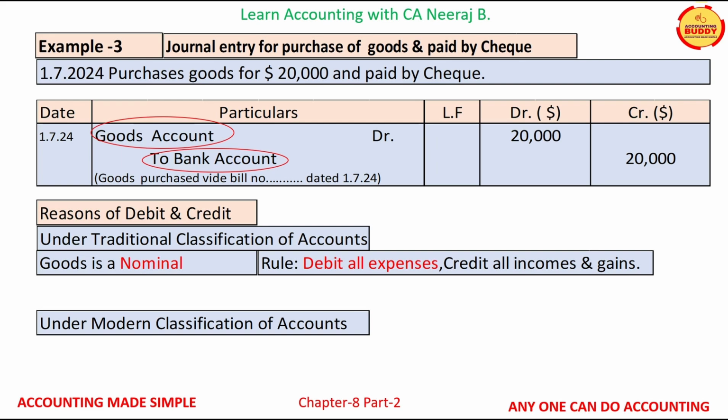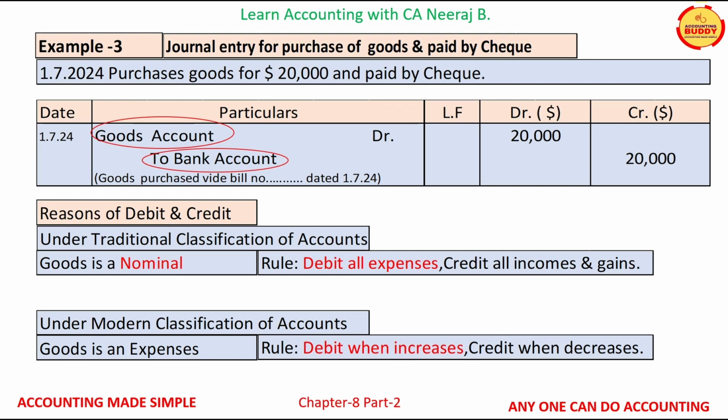Therefore, in this transaction, goods account is debited by $20,000. Now, under modern classification of accounts, goods is an expense and the rule for expense is debit when expenses increases, and credit when expenses decreases. In this transaction, purchase of goods means the expenses of the business are increasing, therefore the goods account is debited.